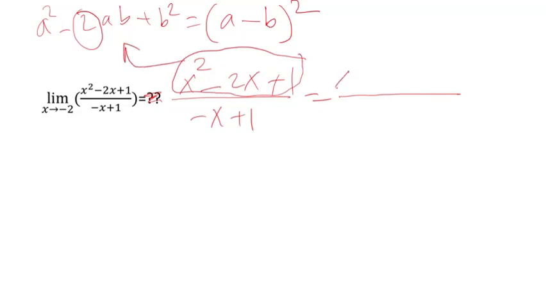So x is already squared, so x squared minus, so I have a 2 because I know there's a 2 here. So 2 times something would give me 2x, so times 1 times x basically, plus 1 squared is just 1, so minus x plus 1.